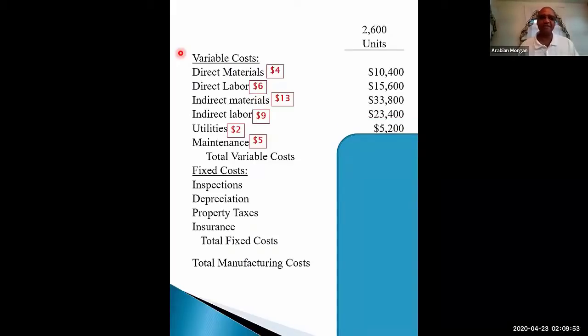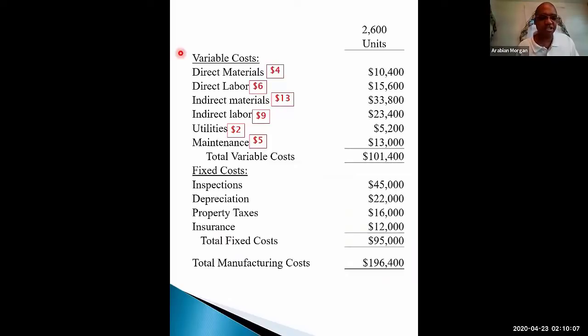Utilities came to $5,200. And maintenance came to $13,000, with our total variable cost being $101,400. And then again, the fixed cost should just match what we had in the 2,500 unit column. So any questions on how I came up with any of those dollar amounts?